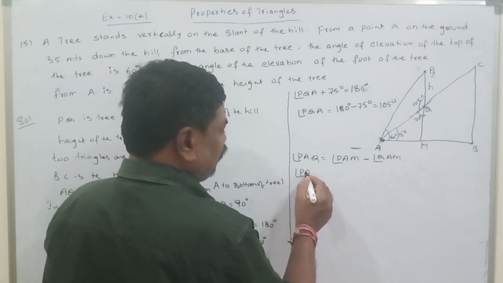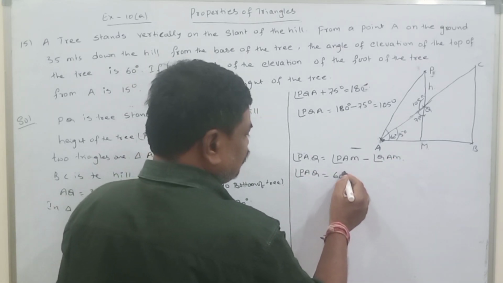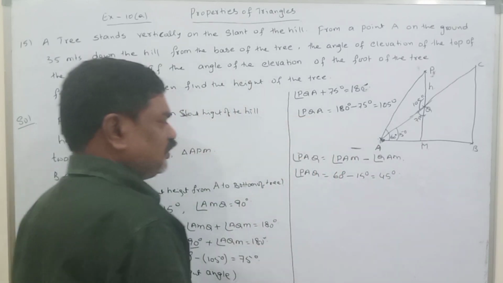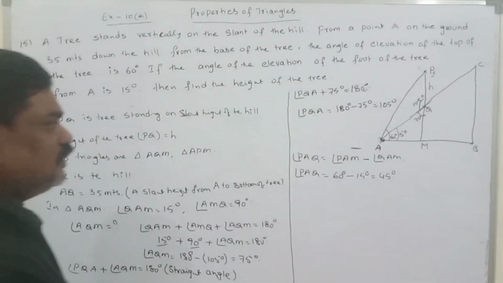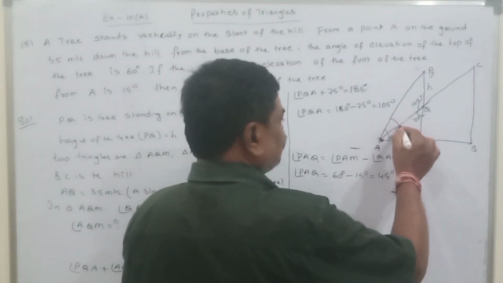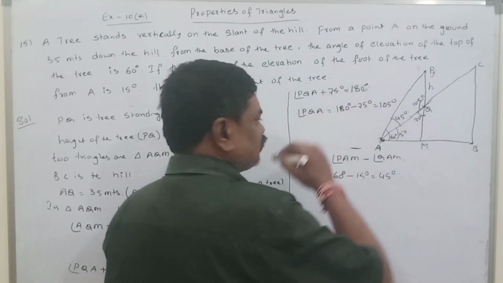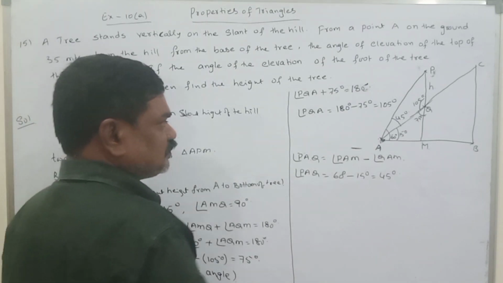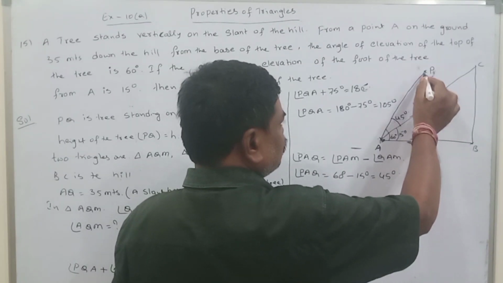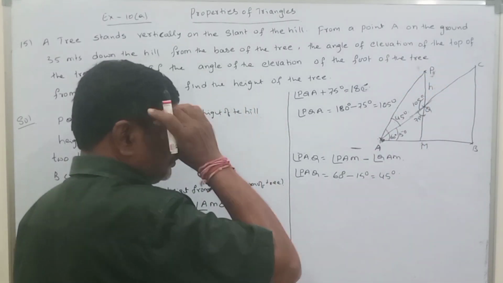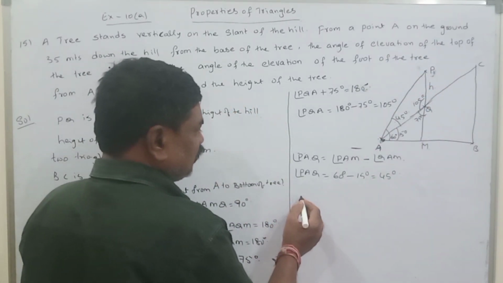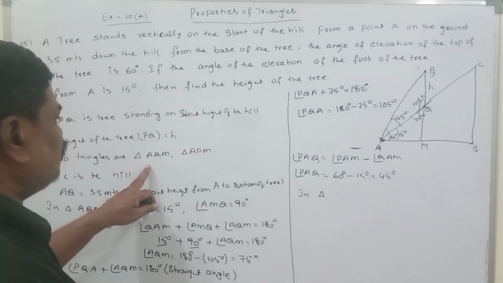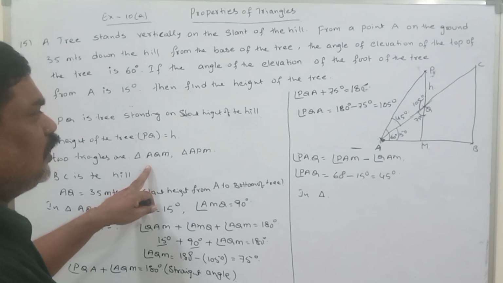So angle PAQ is equal to 60 degrees minus 15 degrees is equal to 45 degrees. So this angle is 45 degrees. And also this angle is there. We have to find this angle. So what is that? In triangle APM.